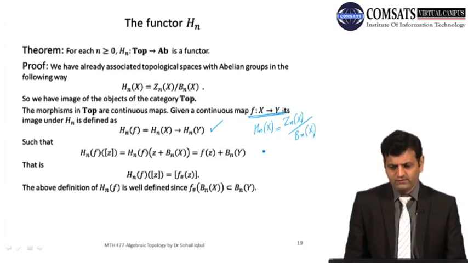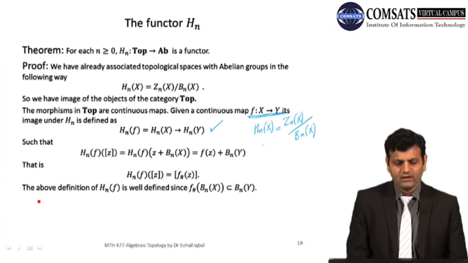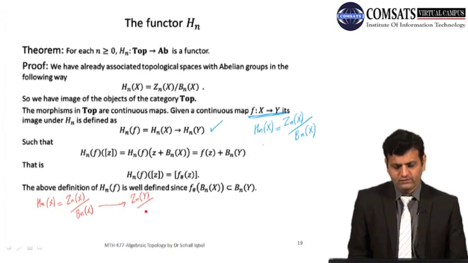Similarly, we have Hn(X) equal to Zn(X), so cycles quotient the boundaries, and this maps to Zn(Y) quotient with the n-boundaries of Y, which is basically Hn(Y).